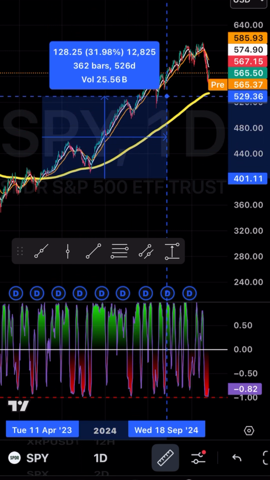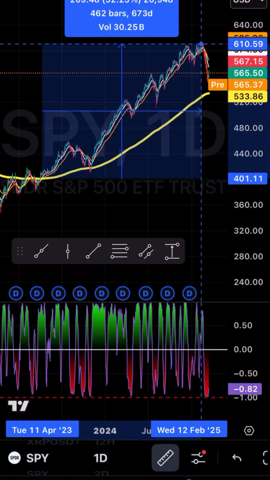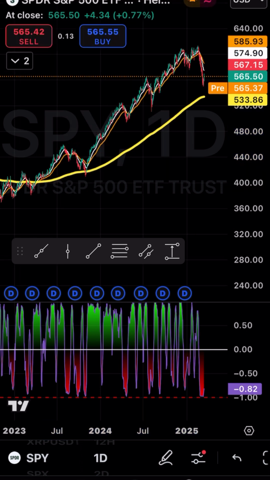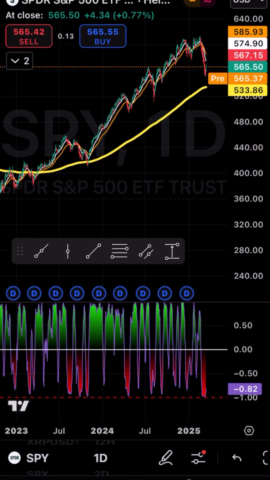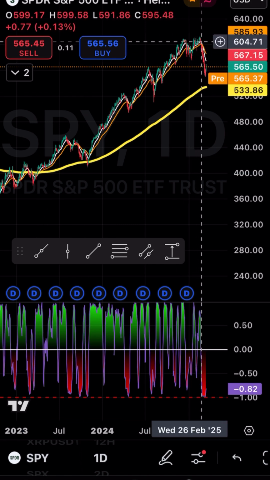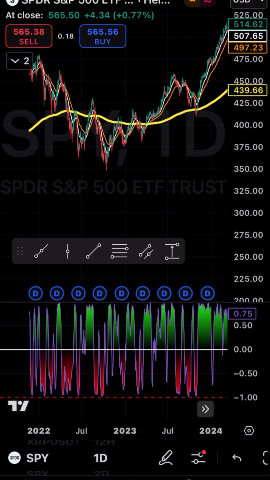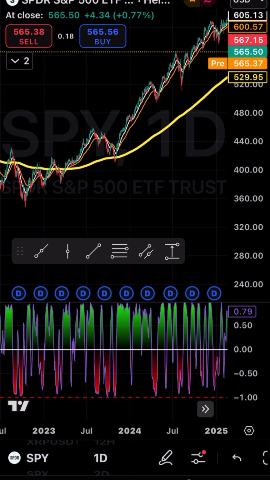If you rode this entire thing out from the moment it crossed, this would have been a pretty big trade. So if you followed it on the day and rode it all the way till here, you would still be in profit. So that's basically what you do for that scenario.